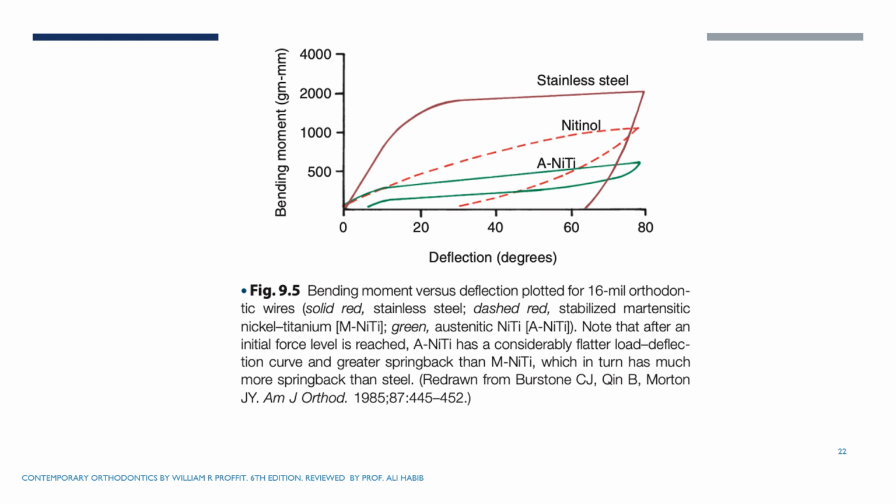This diagram shows the bending moment deflection curves of stainless steel versus regular NiTi, which is the M-NiTi, the original one, and the A-NiTi, the austenite, that has the superelasticity property.